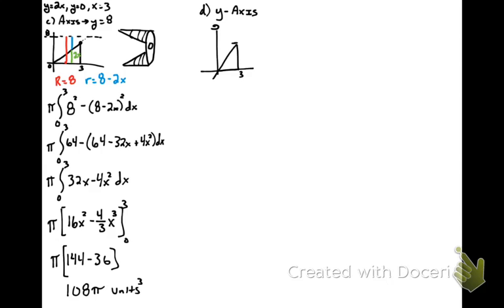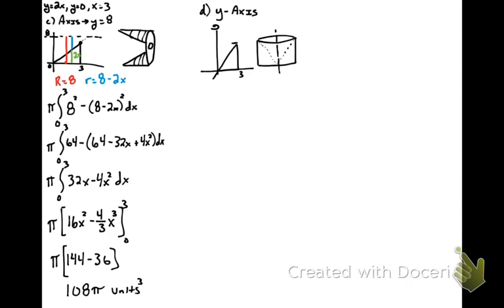So when we rotate it, we're going to have an object that'll look something like this. But that object is going to have a cone-like figure, in a sense, missing from the inside. So here's the y-axis.